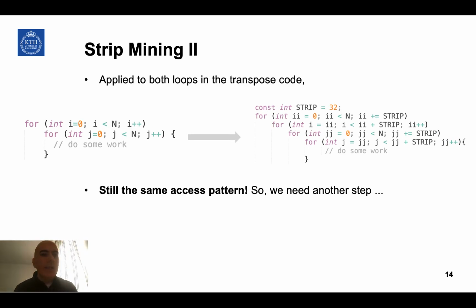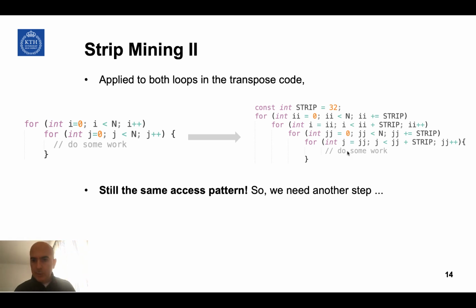In our case, we have two nested loops in the transpose code. So we apply the strip mining to this loop and then to the second loop, and this will give us four nested loops. So far, keep in mind that we didn't change the data access pattern, so the performance when it comes to caches is still expected to be the same as in this case here.